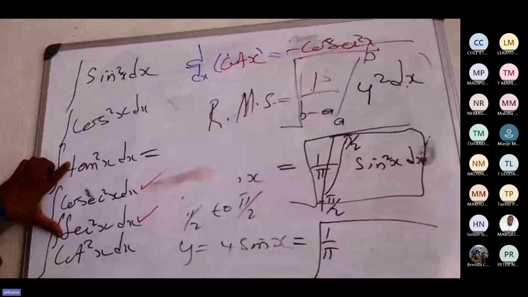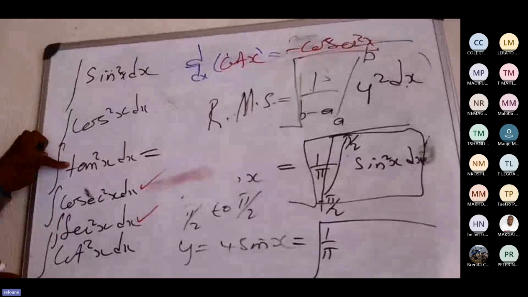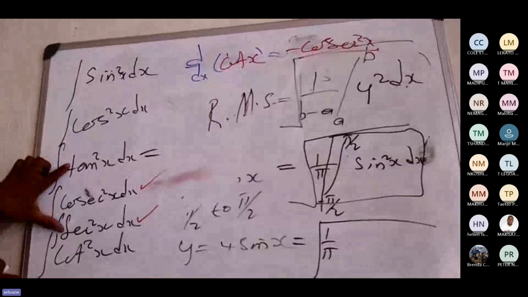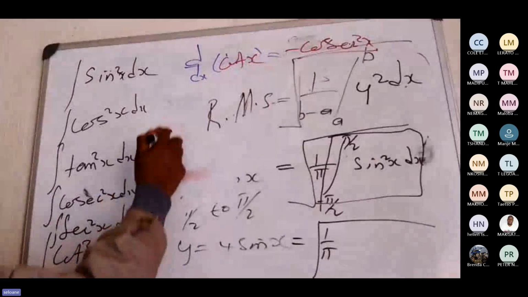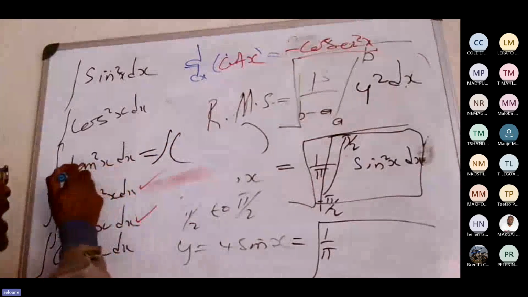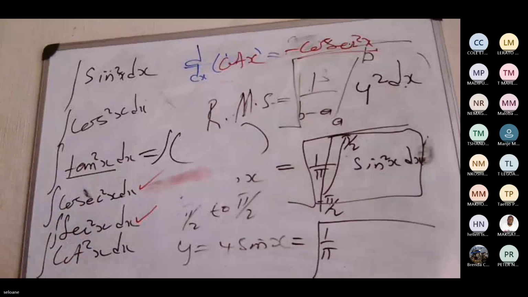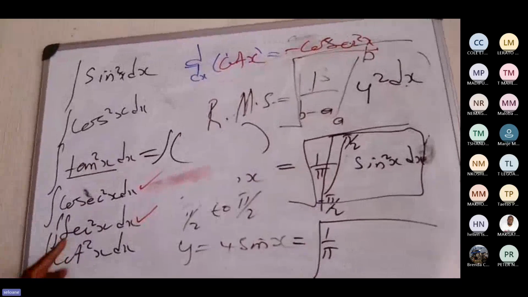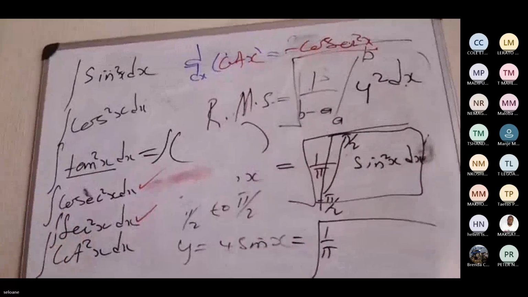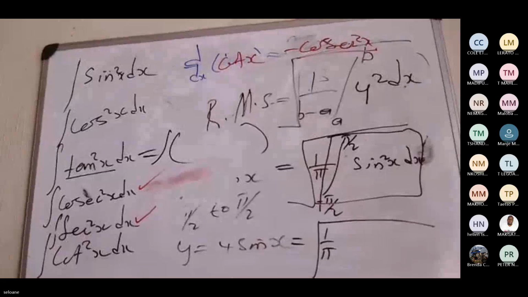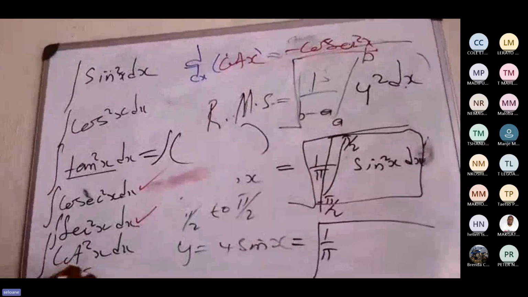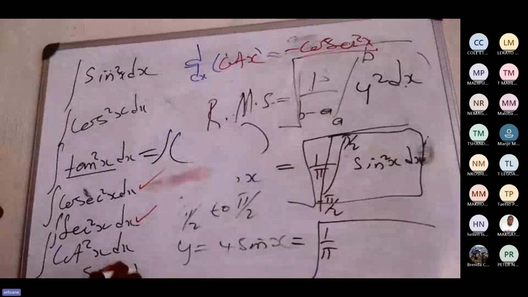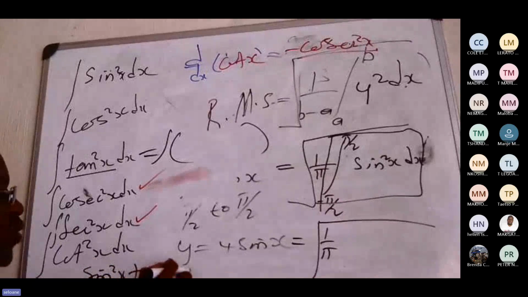Sec squared, which is standard. Now we are going to write tan squared using sec squared, which is standard. Then we're going to say the integral of, instead of tan squared, let's solve this. We know sine squared x plus cos squared x equals 1.